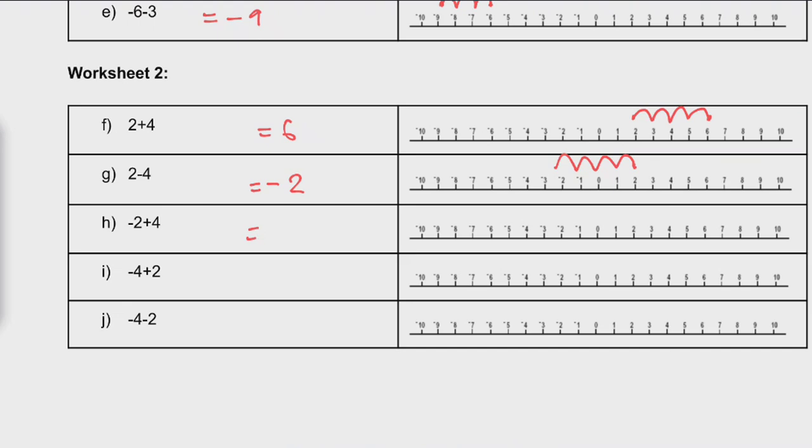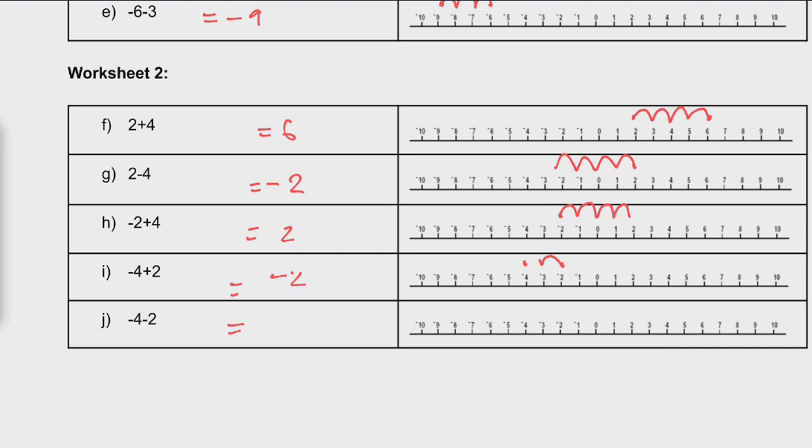Next, we have -2 plus 4. We start at -2 and go right because it's a plus, 4 places: 1, 2, 3, 4, and we end up at 2. The next question is -4 plus 2. We start at the first number, -4, and go right because we've got an addition sign, 2 places: 1, 2, and we end up at -2.